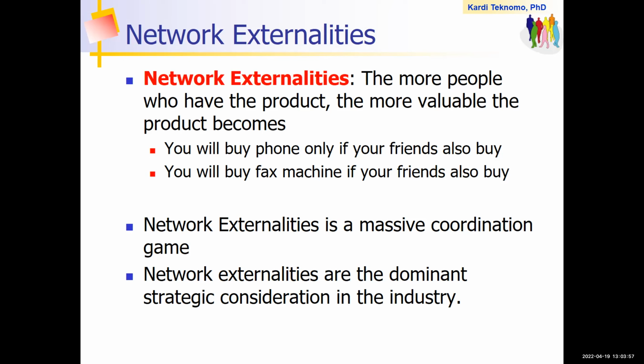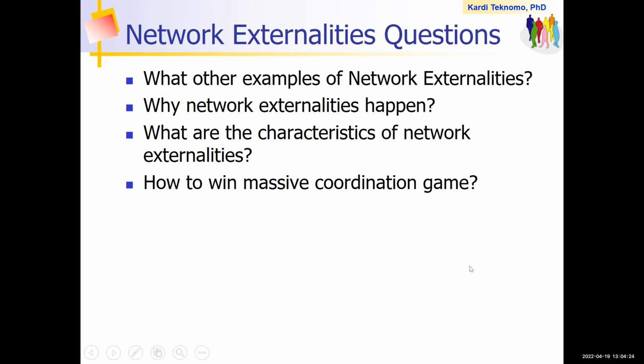Only when at least 2 or 3 people have the same machine can they communicate, and then it becomes something useful, right? So network externalities is basically massive coordination games. And why is this important? Because this is actually the dominant strategic consideration in many industries, in many businesses.